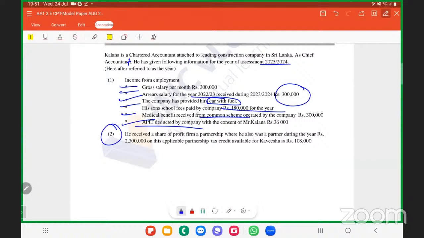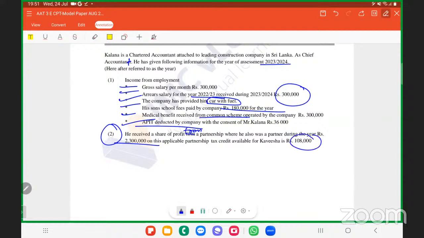He received a share of profit from a partnership where he also was a partner during the year, 2.3 million. And on that 2.3 million, the partnership paid 108,000.